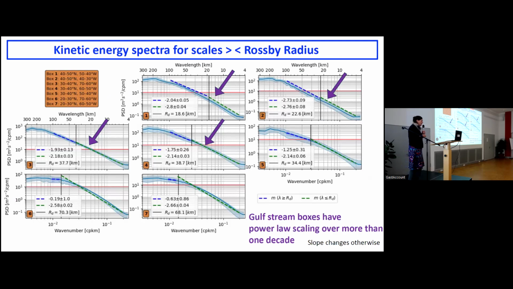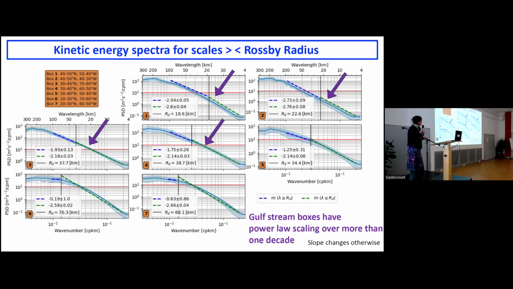Okay, now we can look at spectra. So we see that you can actually fit lines to these log-log plots, and you can do this for different ranges. So we did fits for the entire range, but we also decided we're using the Rossby radius as a dynamical scale, where we would fit the spectra for scales larger and smaller than the Rossby radius.